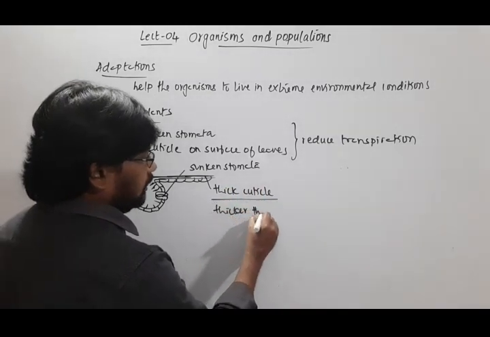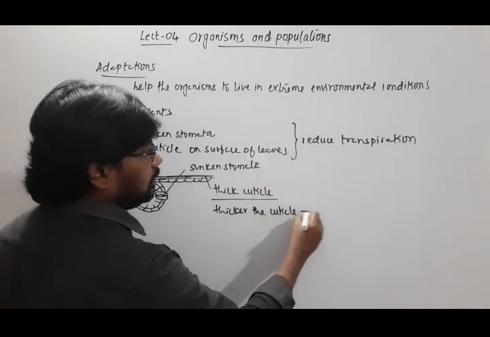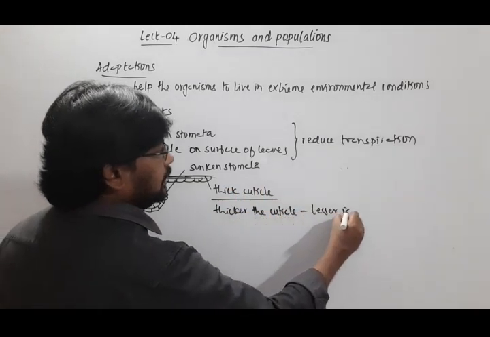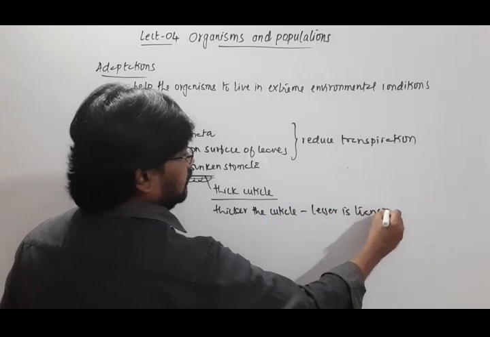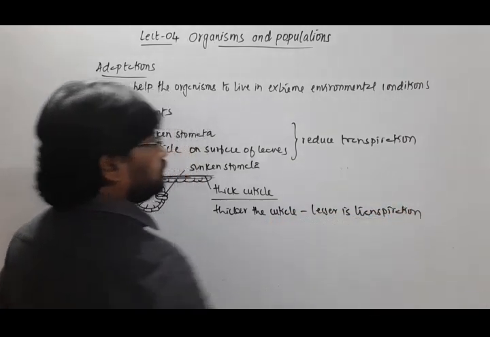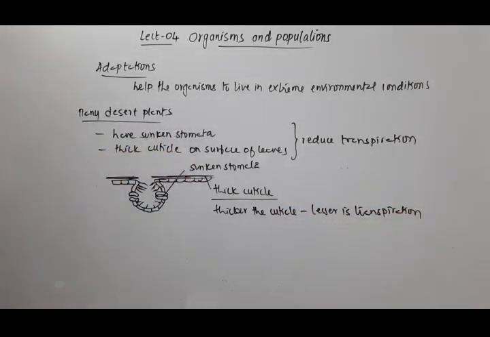So both these morphological changes, the sunken stomata and the thick cuticle on the surface of leaves in desert plants, reduce the transpiration process.